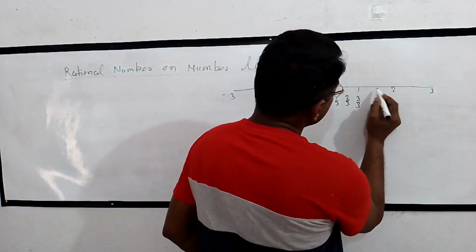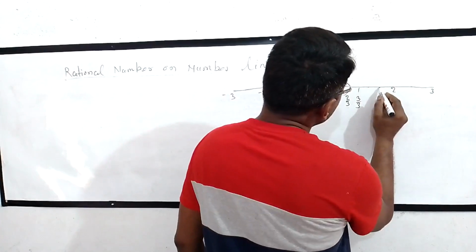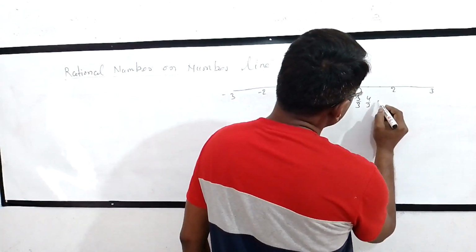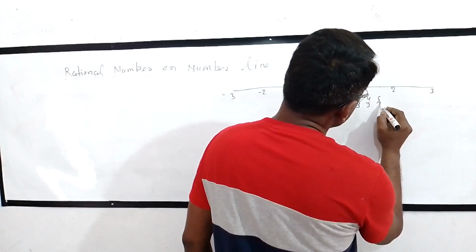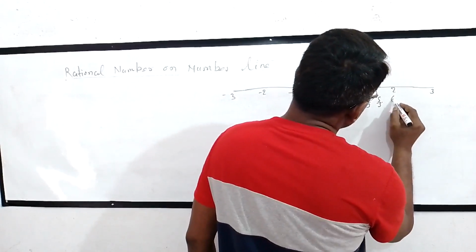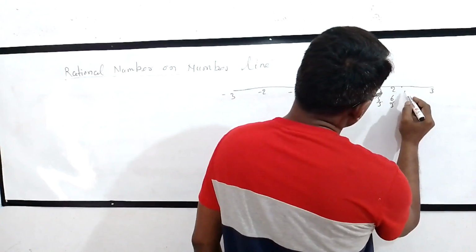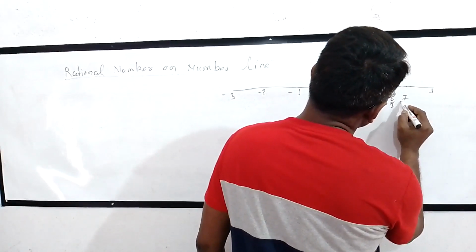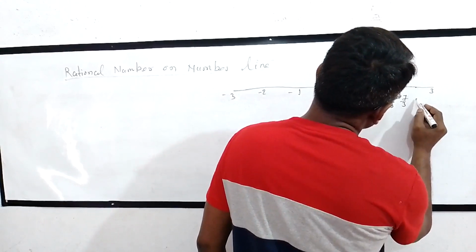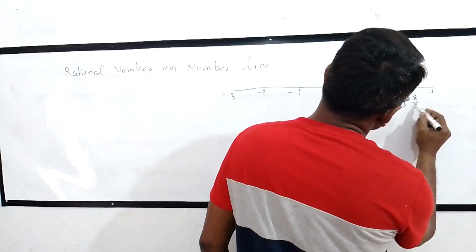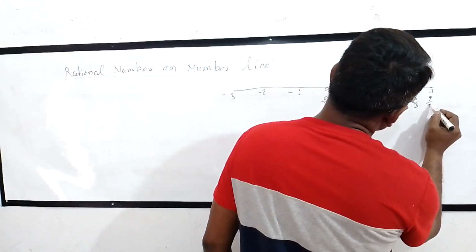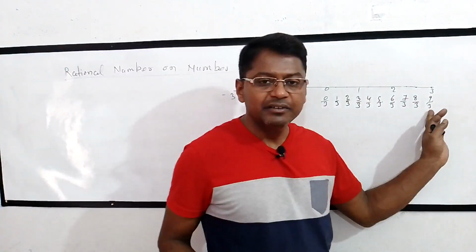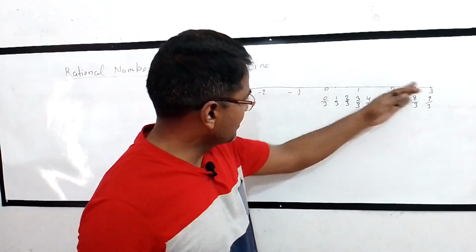In the same way, this value is 4 by 3, this is 5 by 3, and this one will be 6 by 3. Accordingly, this is 7 by 3, this is 8 by 3, and this is 9 by 3. So in this way you will represent rational numbers on the number line.